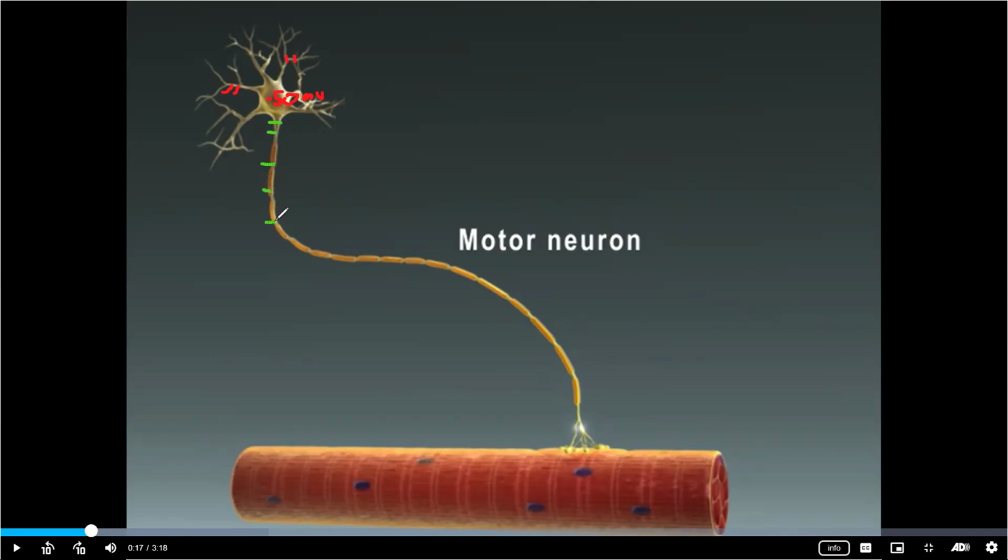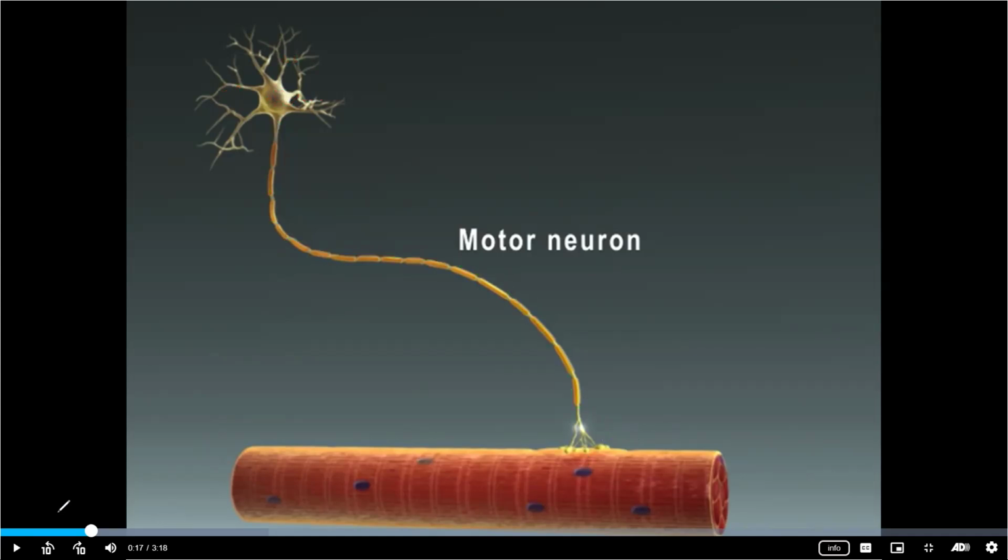When one opens, they all open, propagating, which means spreading, opening all along the axon, which will eventually cause the release of neurotransmitters.